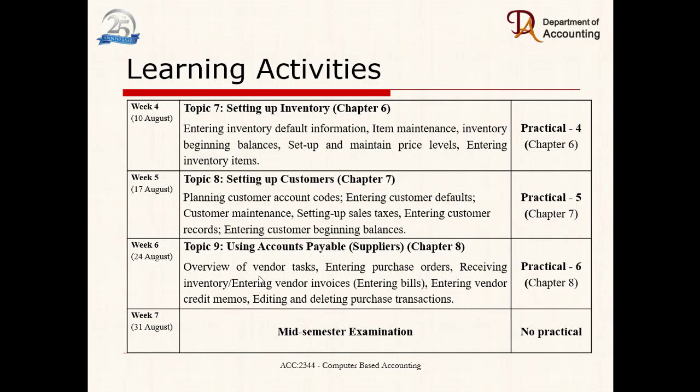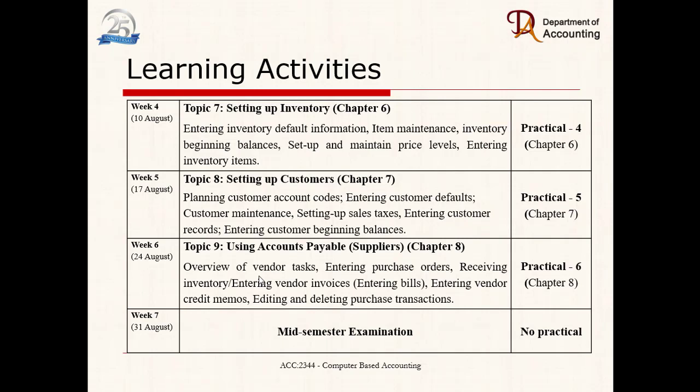In that you would be setting the relevant accounts for these inventory recordings, the default category that is sold in most of the cases, and the different price levels. Likewise, you can set some of the default information for the inventory. So that is our week 4 discussion. There is a corresponding practical as well.